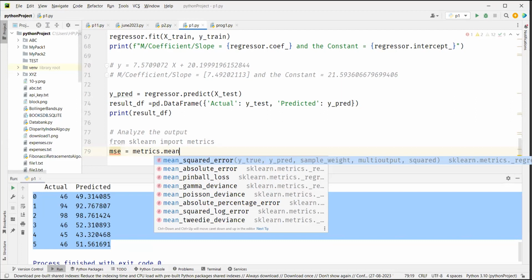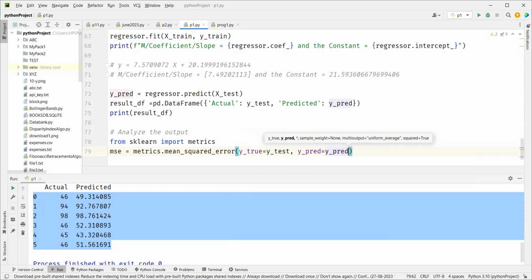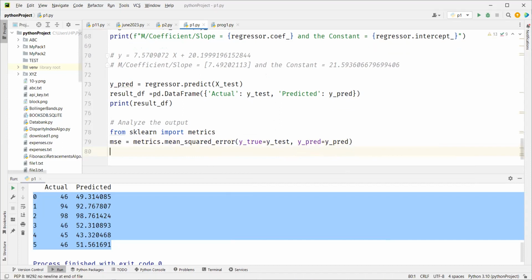So I'm going to say mean squared error, and it takes first y true, that is the actual value, and y pred, the predicted value. So y true equal to y test, this is our test value, and then y pred equal to our y pred value. This is going to give us MSE, and I'm interested in root mean squared error.